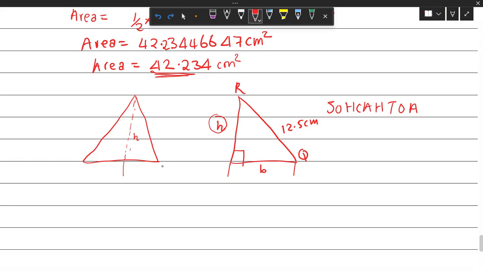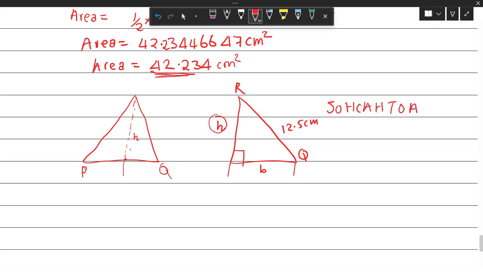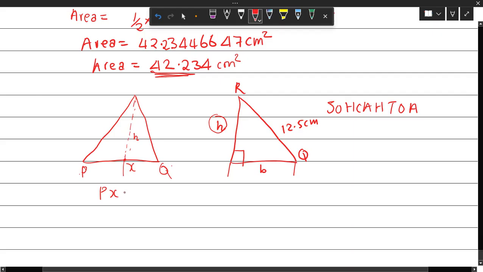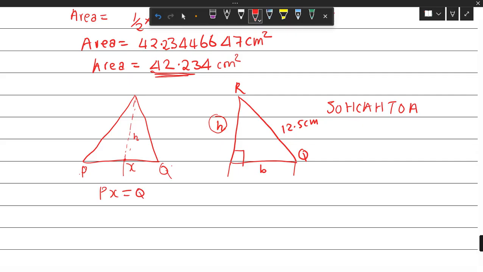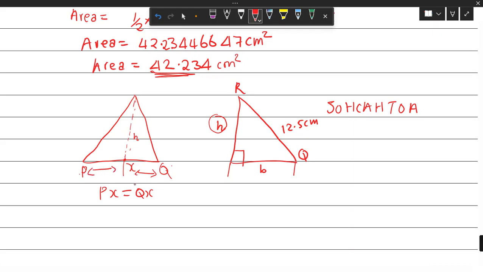So we have Q here and we have P. The assumption we use is this shortest distance will cut PQ at the middle, so the distance is half of the total. If you want to know this distance, let's say here is X. PX should equal QX. So this distance here is the same as this distance here.